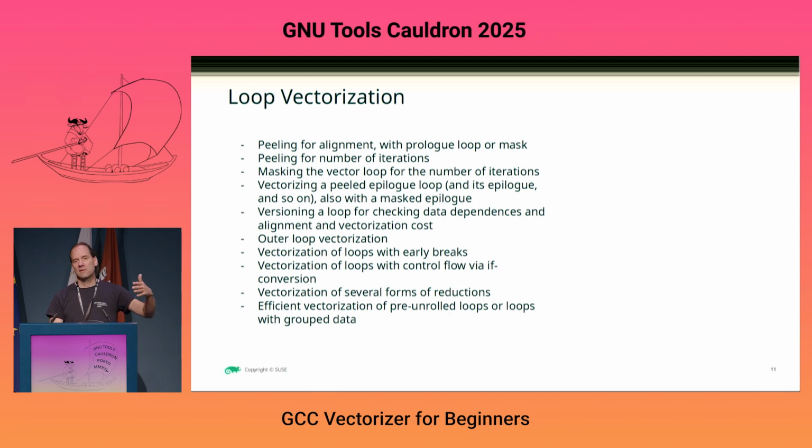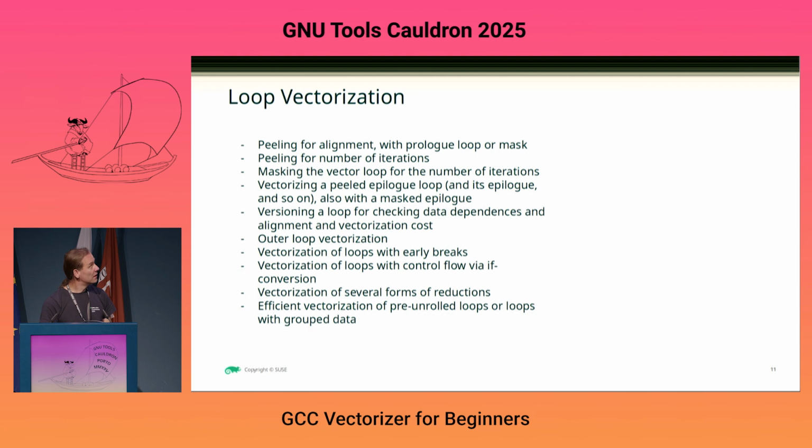It can also peel off remaining scalar iterations into an epilogue, like when your number of iterations doesn't divide the number of vector lanes, and you have to somehow deal with the rest. GCC can do this peeling either by applying masking in the vector loop or by emitting a scalar loop.